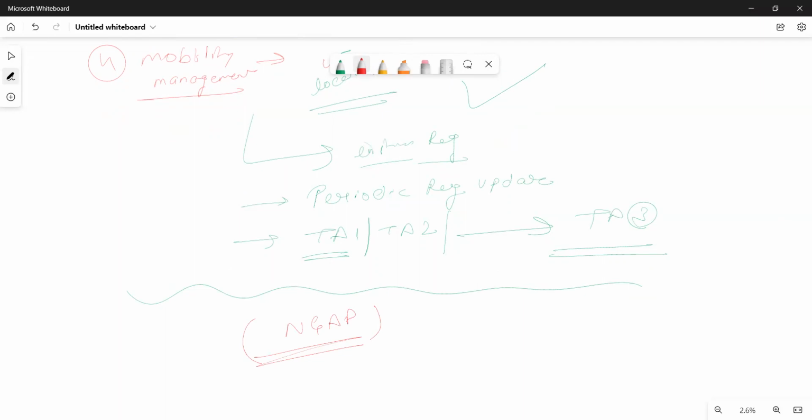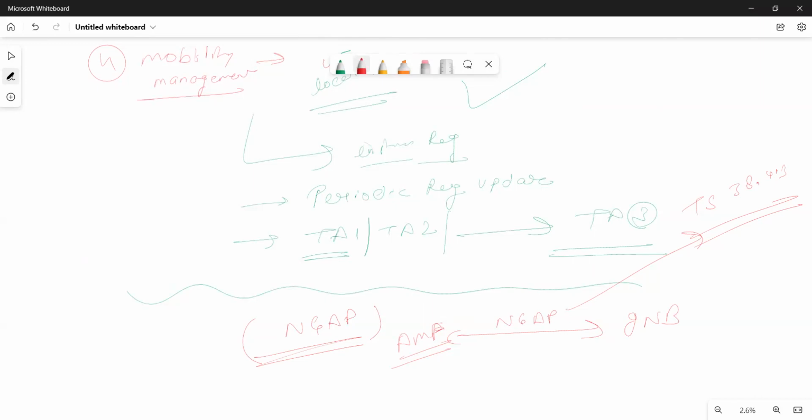The AMF is responsible for handling this NGAP protocol, which runs between your AMF and your base station, the gNB. The NGAP protocol is defined in the 3GPP specification 38.413; you can refer to this 3GPP spec.